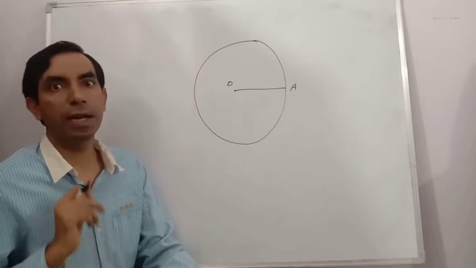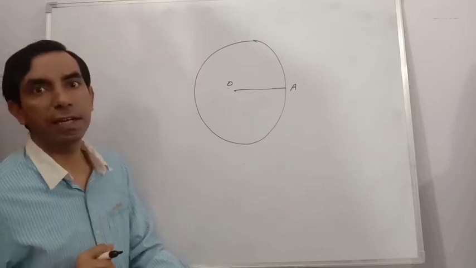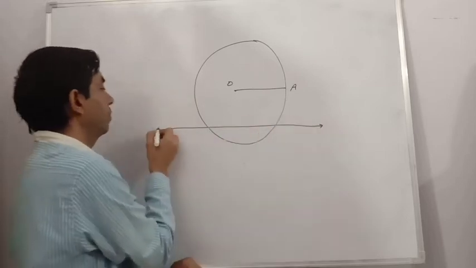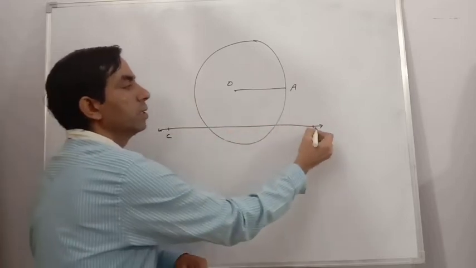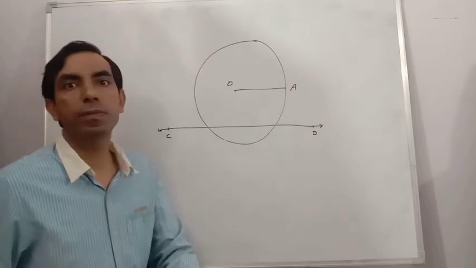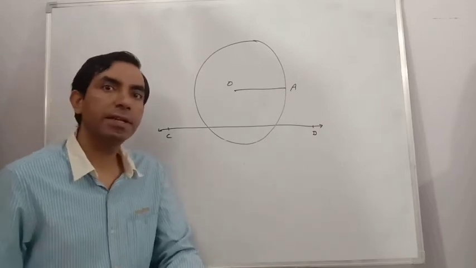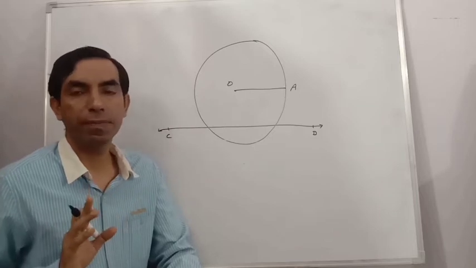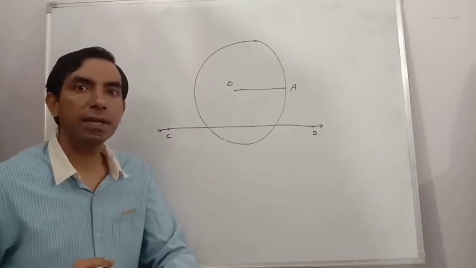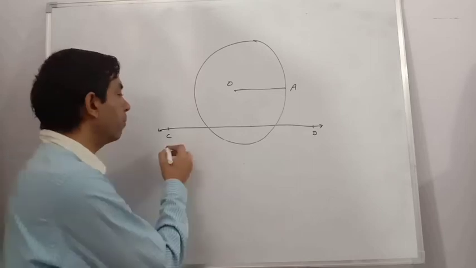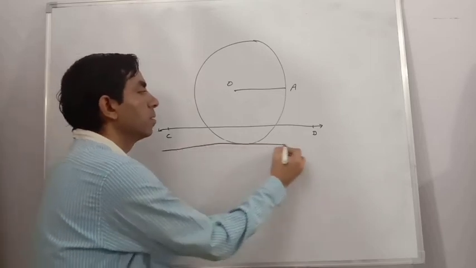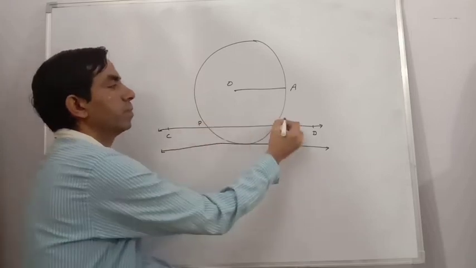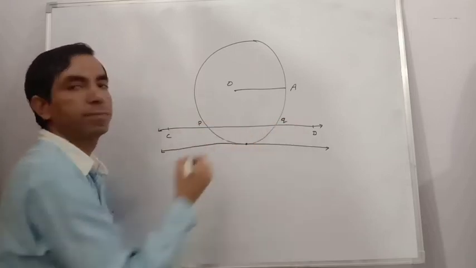And if a line intersects a circle at 2 points, that is called secant. But if a line intersects a circle at only 1 point, that is called tangent.